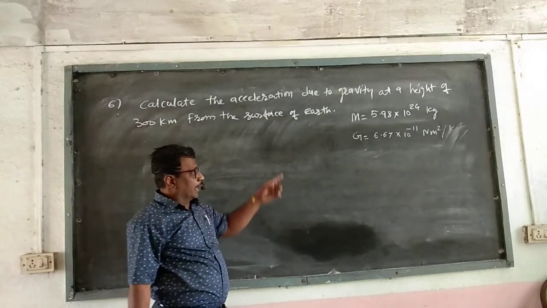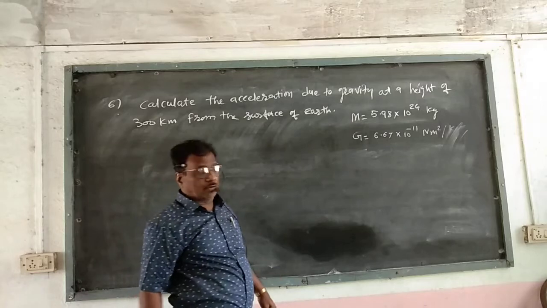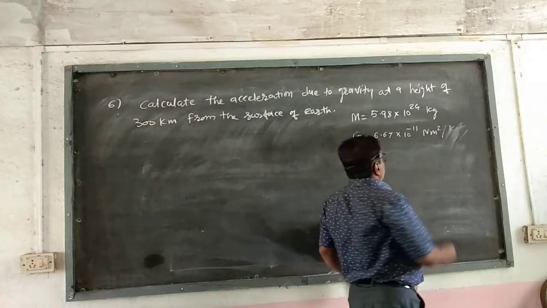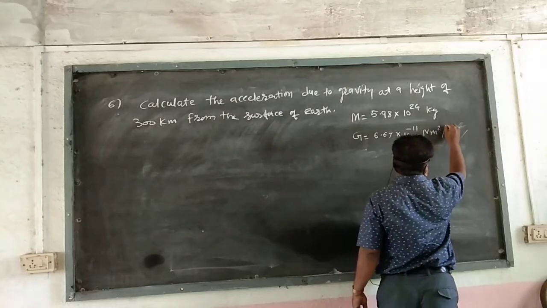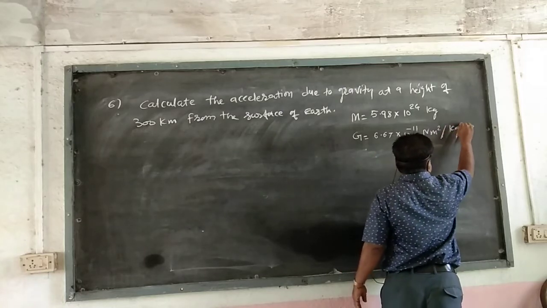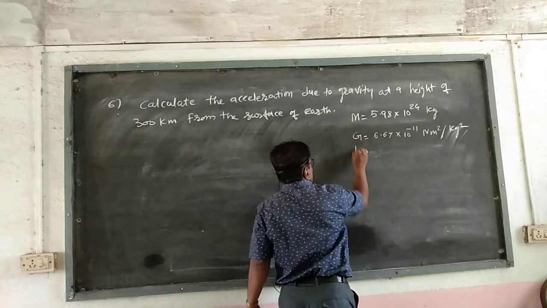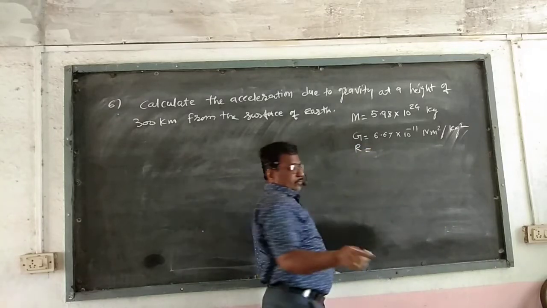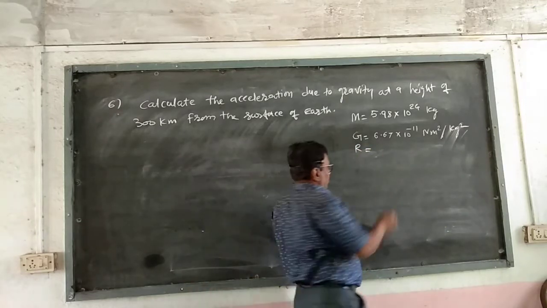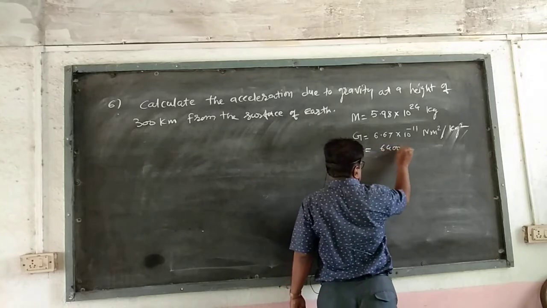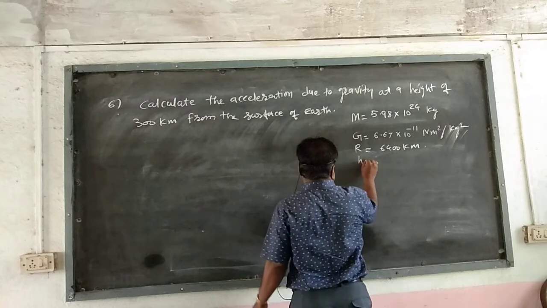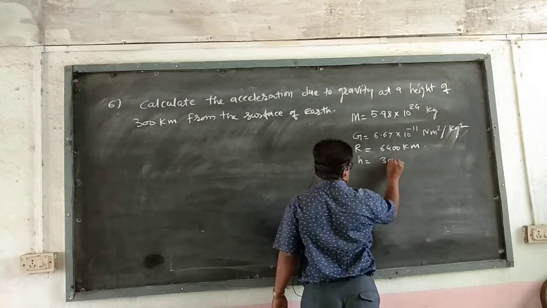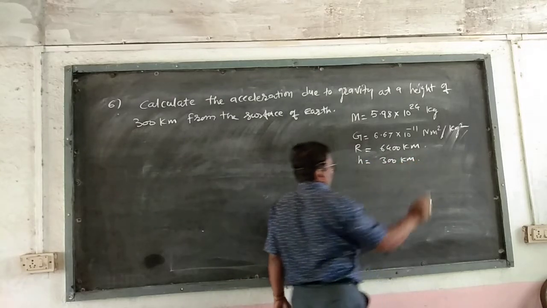Universal gravitational constant G is equal to 6.67 into 10 to the power minus 11 Newton meter square per kilogram square. Radius of the earth is equal to 6400 kilometer. Height is given, h equal to 300 kilometer.